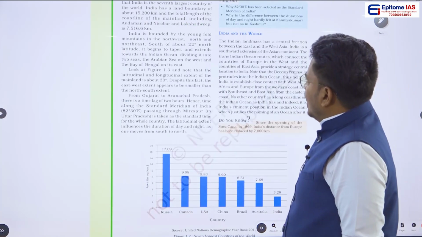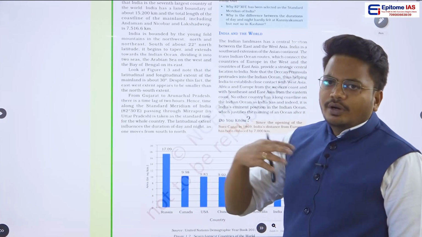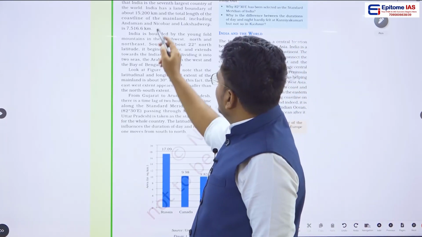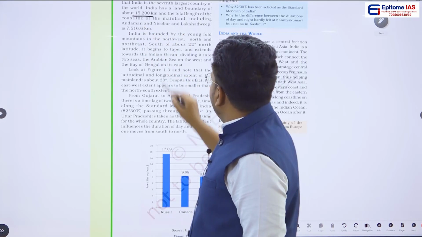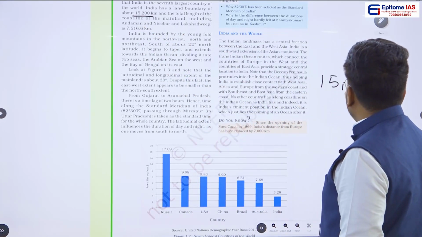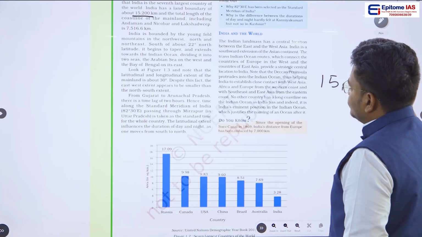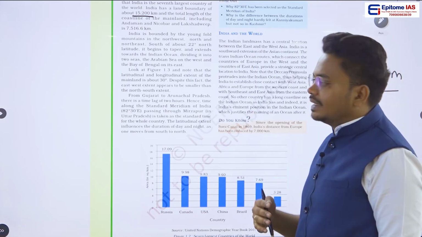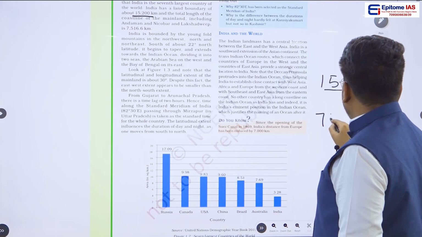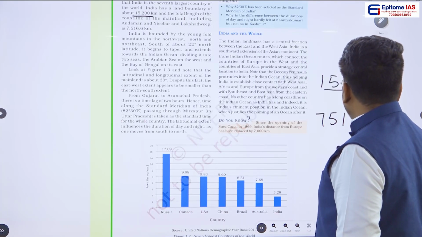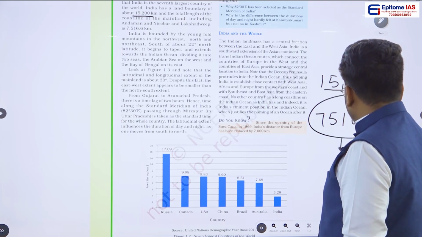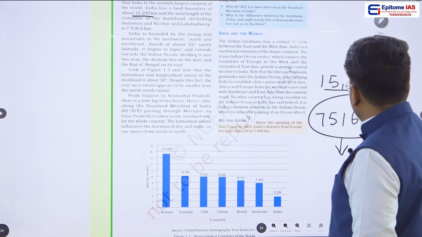The important thing to understand from this chapter is regarding the boundaries. The land boundary of India is 5,200 kilometers. And the total length of the coastline that India has is 7,516.6 kilometers.